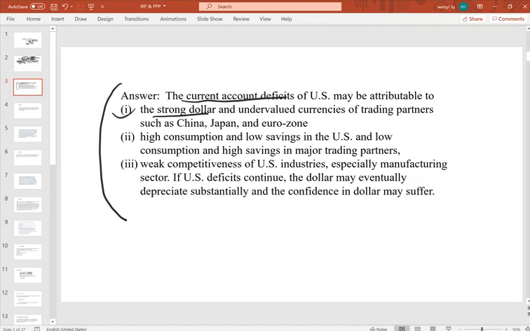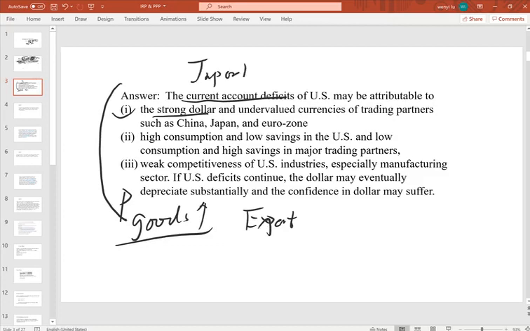However, if we have a strong dollar, that means our goods are more expensive than the foreign country's. The price of goods is more expensive, which is not good for our exports, but it's good for our imports. So for the US, we have imports more than exports. That's the reason we have current account deficit.